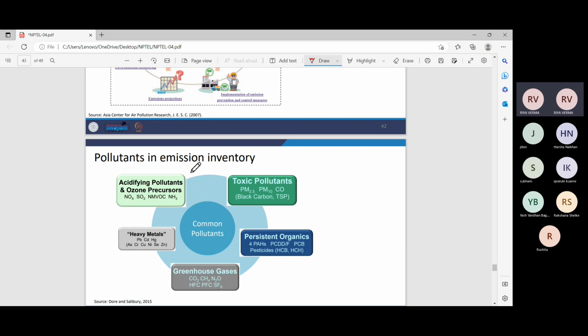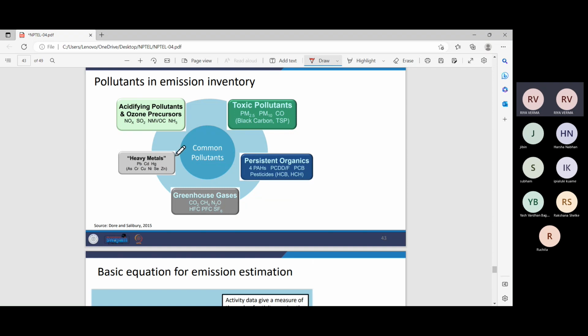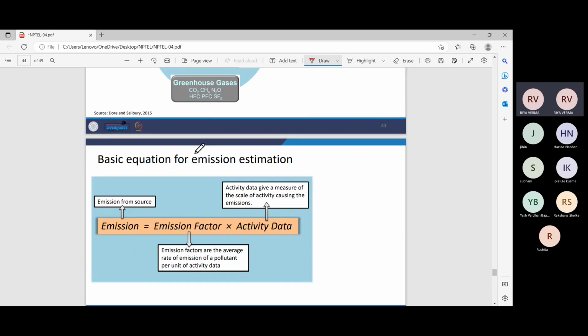Then your toxic pollutants, which are PM2.5, PM10, carbon monoxide, black carbon, and total suspended particulates. Then your organics, PAHs, PCBs, pesticides, greenhouse gases, CO2, methane, N2O, hydrofluorocarbons, PFCs, SF6, and then your heavy metals. These all are the common pollutants that are included in emission inventories.